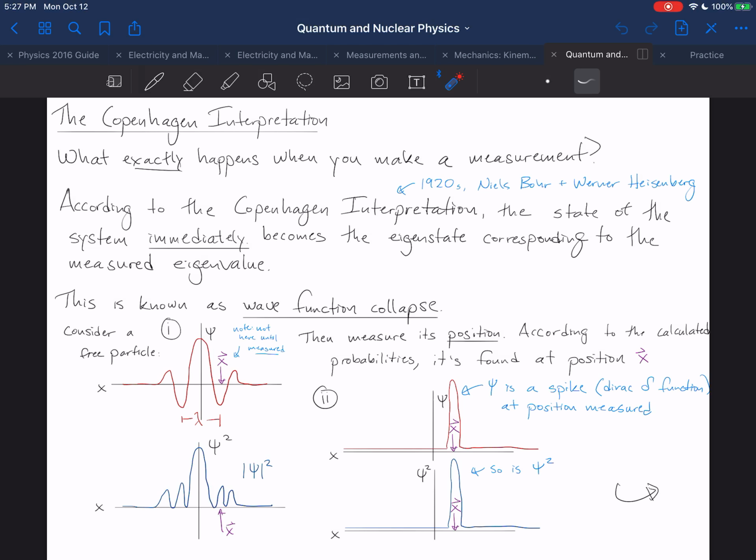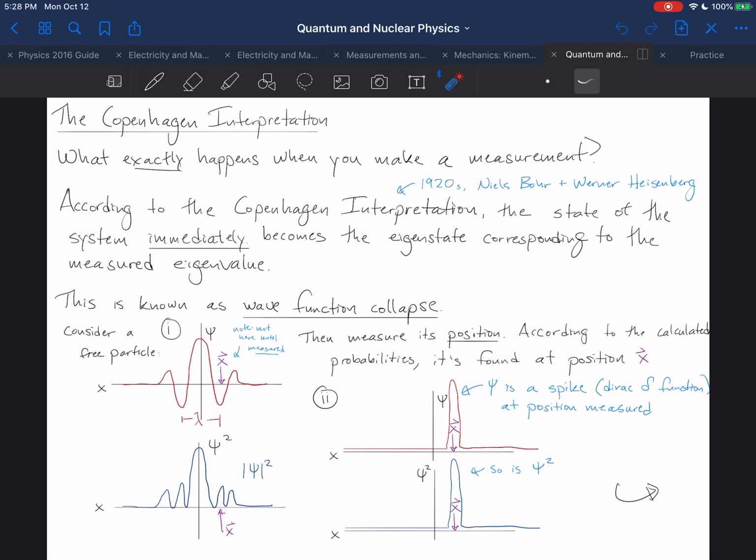Let me give you a more specific example. Take this wave function right here, and imagine that in a moment we're going to measure the position. The probability of finding the particle is given by psi squared here. Notice it's not there.